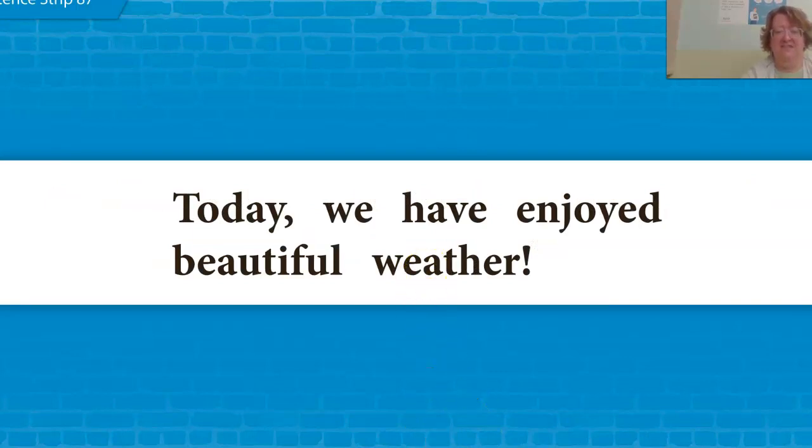Okay? Today we have enjoyed beautiful weather. What is the subject, class? We. What is the verb? Have enjoyed. Have enjoyed what? Have enjoyed weather. What does that make weather? It makes weather a direct object.